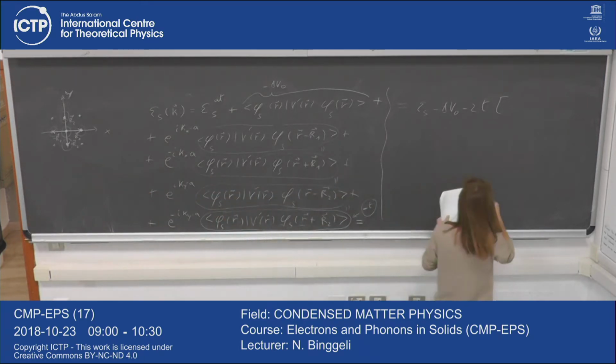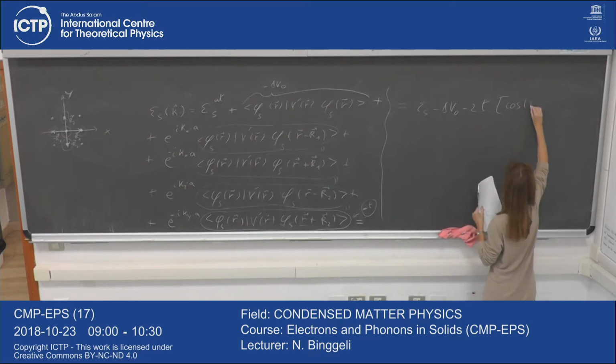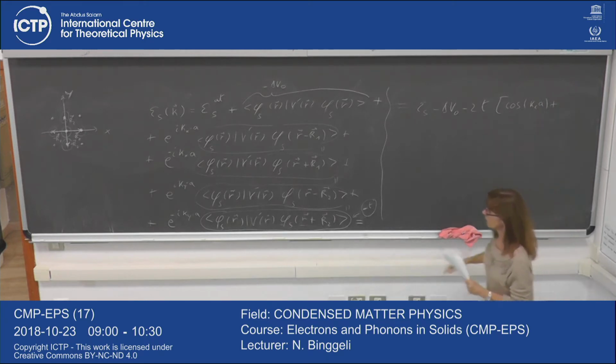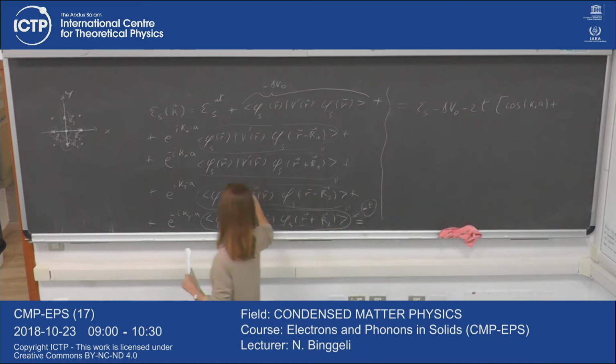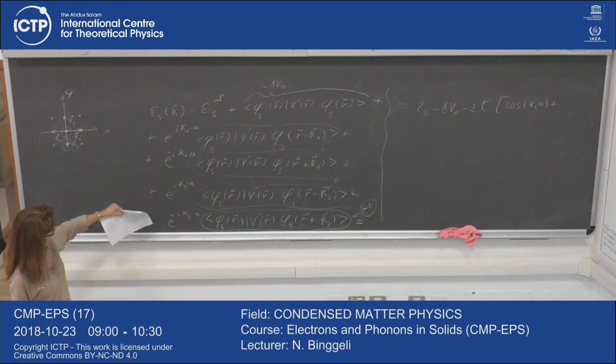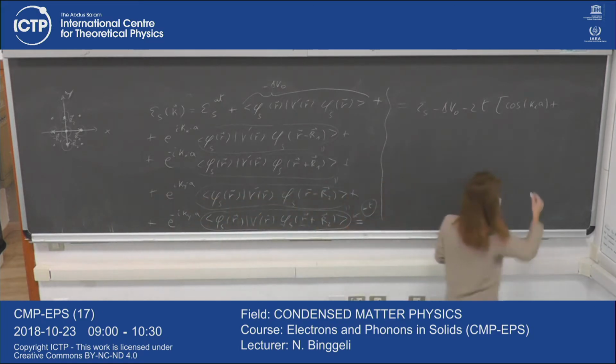So minus 2t cosine of kx a, plus, for these two terms, I obtain minus t times 2 times the cosine of ky a.